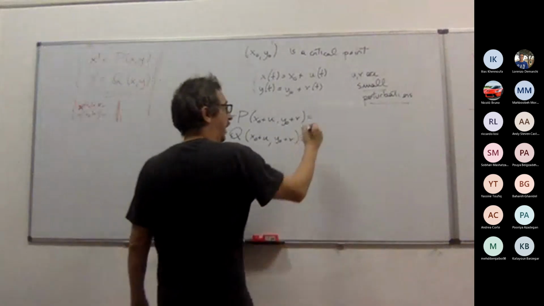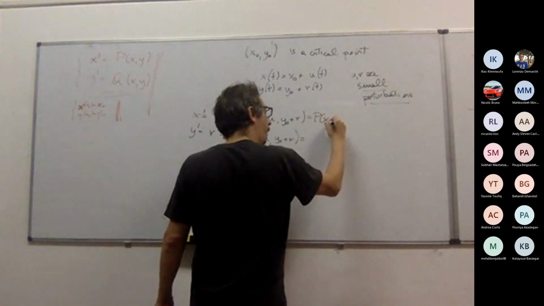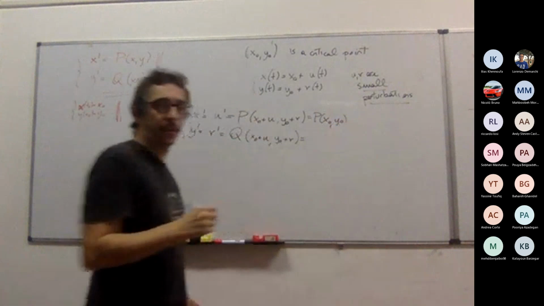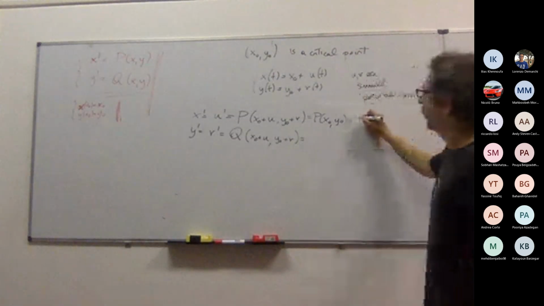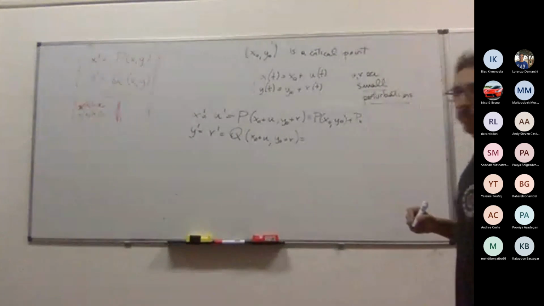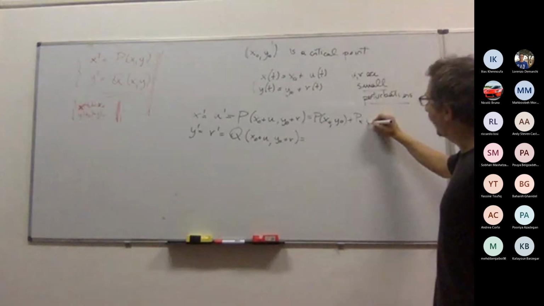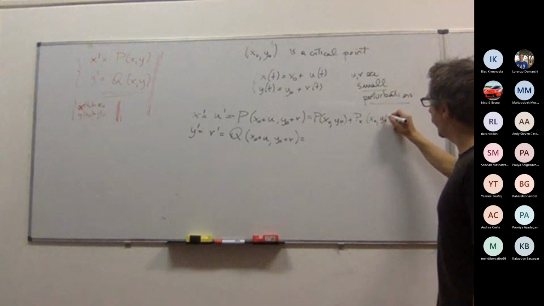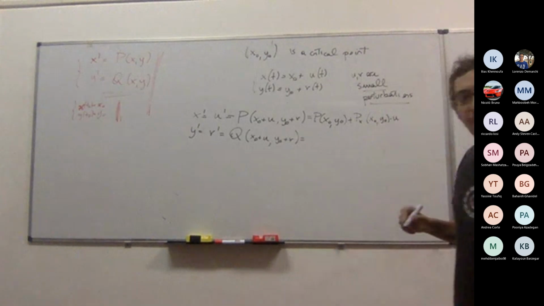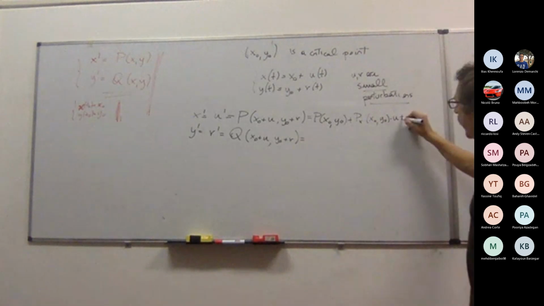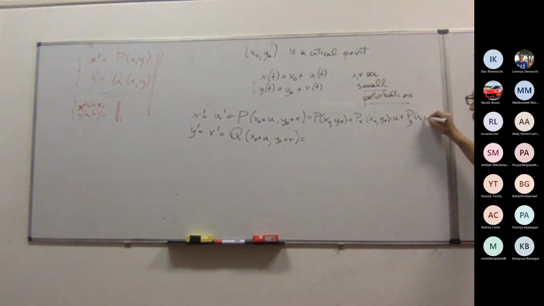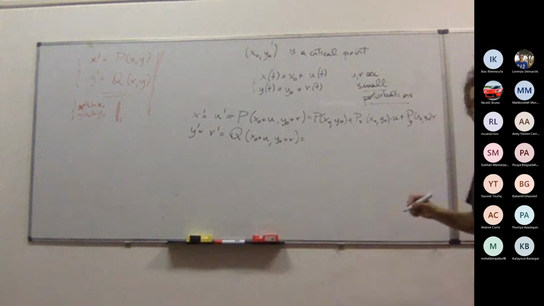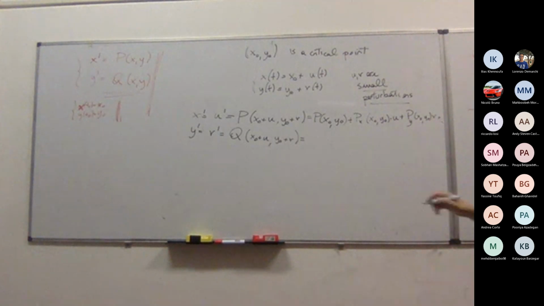So what I have is P evaluated in x naught, y naught, plus the derivative of P with respect to x evaluated in x naught, y naught, multiplied by u, plus the derivative of P with respect to y evaluated in x naught, y naught times v, plus higher order terms that I don't care about.